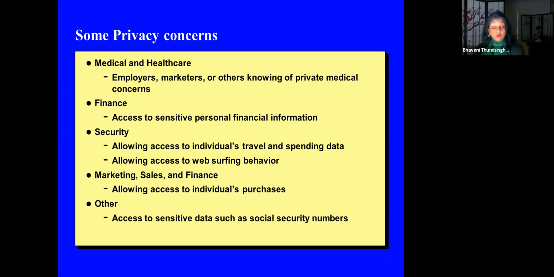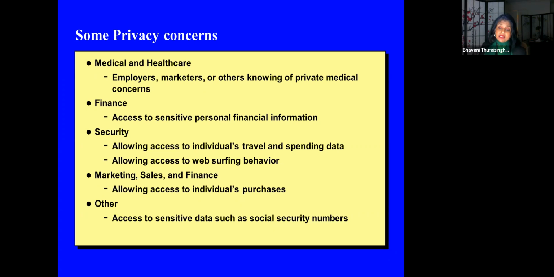What I do, of course, if I do some criminal activities like search for, say, child pornography or something, that's a different matter. It's a law enforcement matter. But in general, whatever I do, my web searching behavior, it's my private behavior, right? And similarly, allowing access to individuals' travel and spending data.